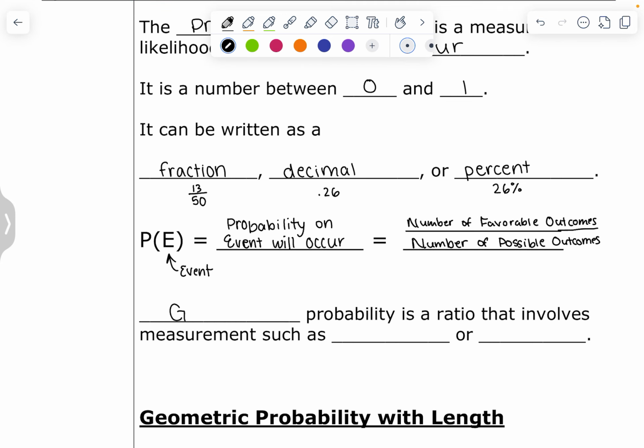Geometric probability is the ratio that involves measurements such as length or area.